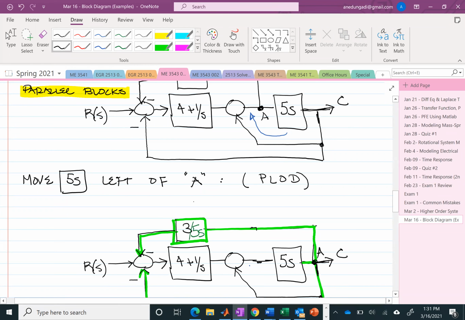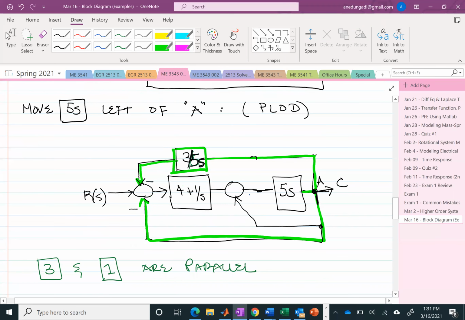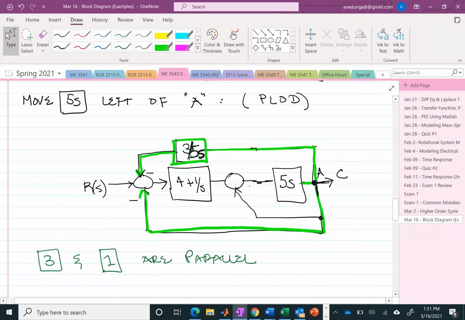Let me use the same color. Okay. Tony, is that clear? Is that correct? Do you agree with that now? So 3 over 5s, sorry, 3 over 5s.